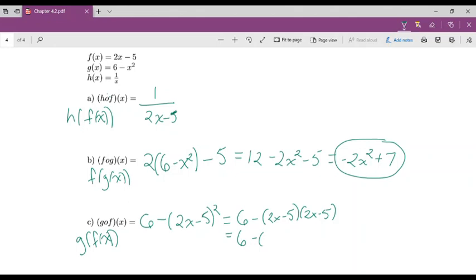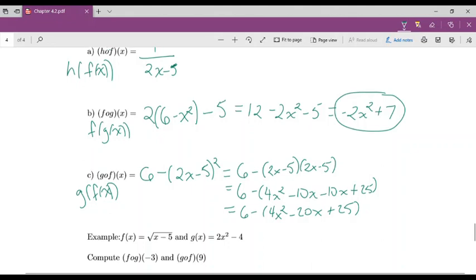I'm going to leave the negative out front. 2x times 2x is 4x squared. 2x times negative 5 is negative 10x. Negative 5 times 2x is negative 10x. Negative 5 times negative 5 is positive 25. So what I get is 6 minus 4x squared minus 20x plus 25.